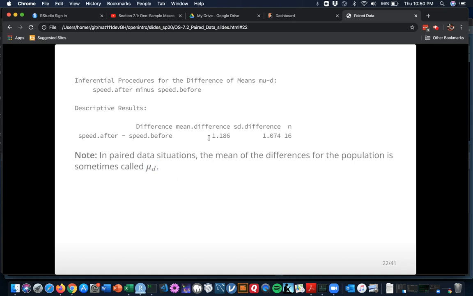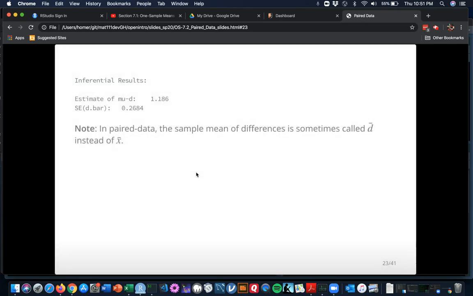This right here is not mu sub d. That's just our estimate of mu sub d based on our sample. But it is our best guess at what mu sub d might be. The standard error for that guess, that mean of differences, also called d bar sometimes, is 0.2684. So we figure the real mu d is probably around 1.8, but give or take 0.264 or so.